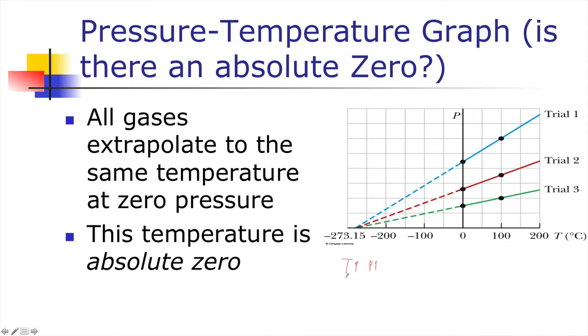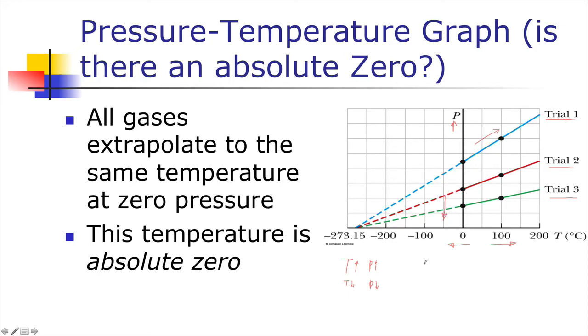As temperature decreases, then pressure decreases, just in a linear fashion. If you consider three different gases, we're calling them trial 1, trial 2, trial 3, as the temperature increases, their pressure increases. As the temperature decreases, the pressure also decreases.